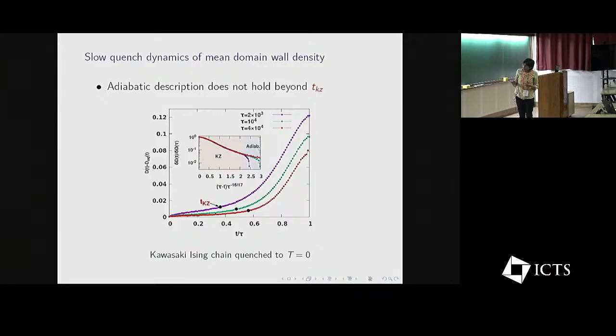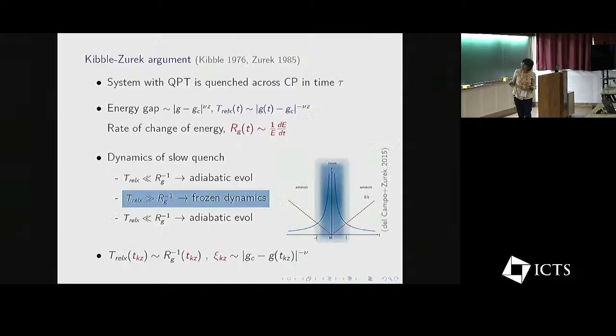But at some point, as you get closer and closer to zero temperature, to the critical point, this excess defect density increases. And it's higher if the time tau is small. So there is some time scale below which adiabatic evolution is good, above which it breaks down. And we would like to understand what this time scale is. So therefore, I will think in terms of quantum phase transition.